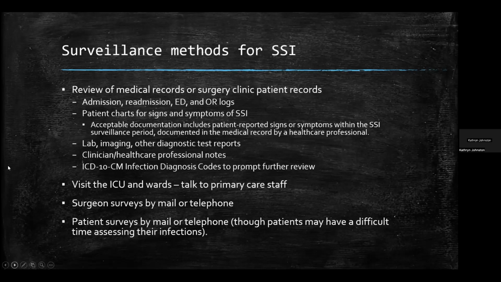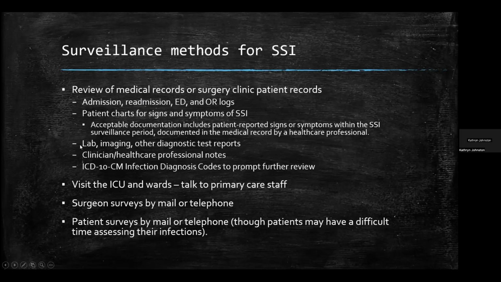So when you talk about the review of medical records, then you're looking at their admission, any readmissions they might have, any accident and emergency department visits. But in the patient charts, you're looking for signs and symptoms, and acceptable documentation also could include patient-reported signs or symptoms within the surveillance period, as long as it's documented by a healthcare professional in the medical record.